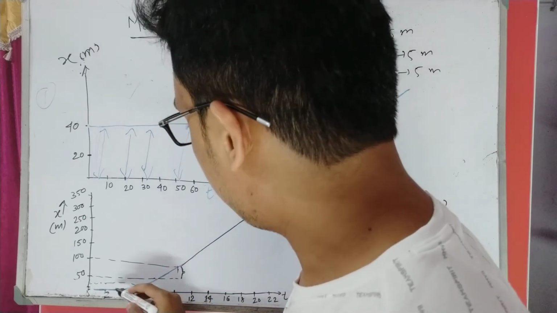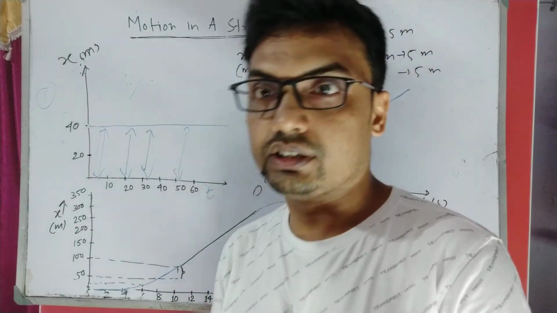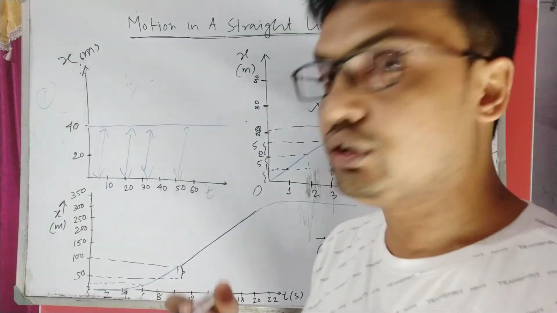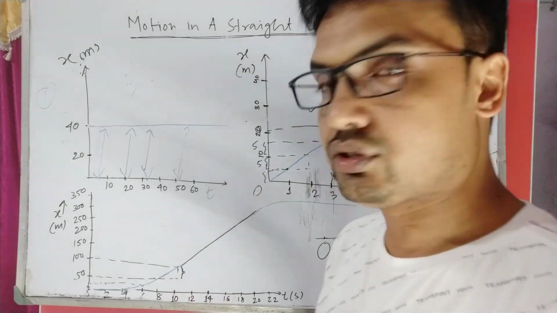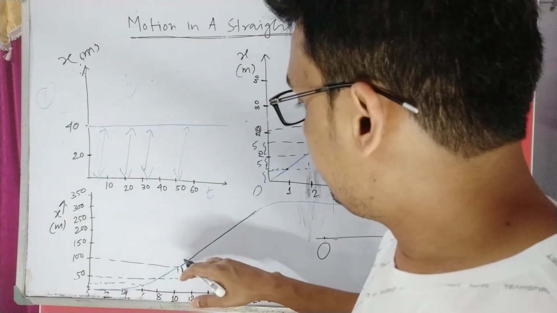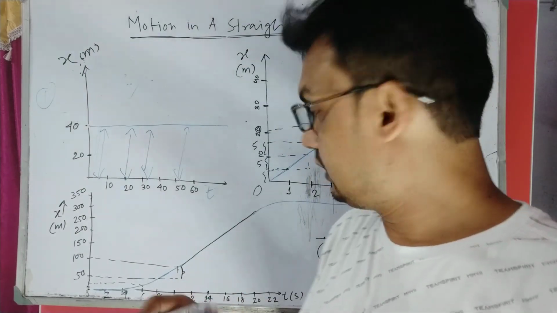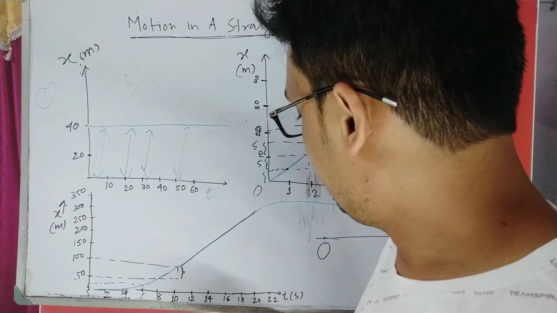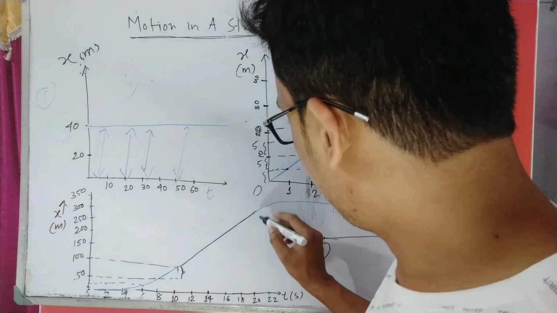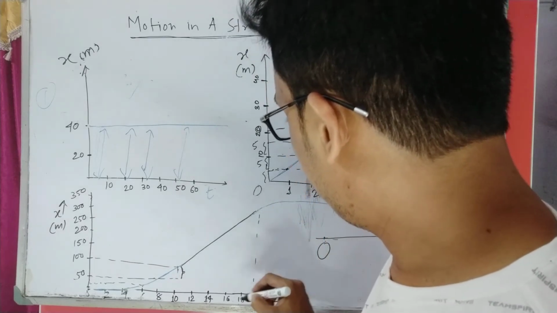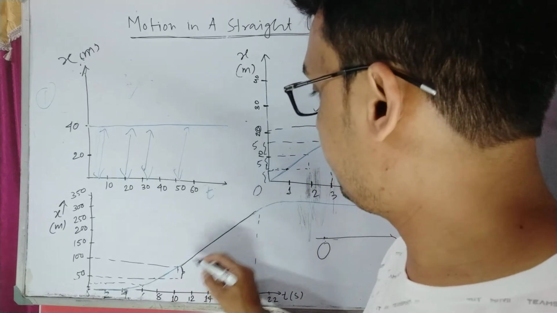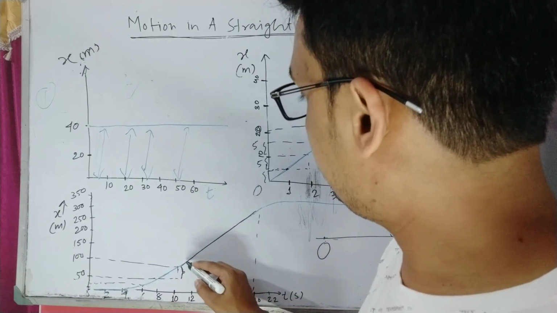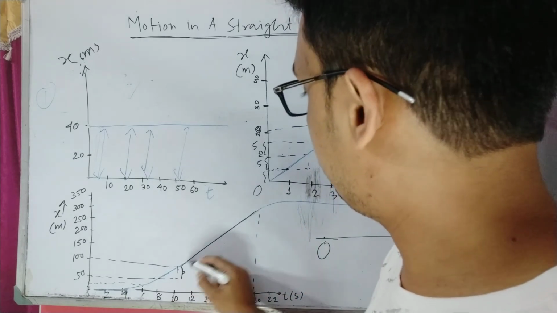So it has slowly increased its speed, or velocity, let us say velocity, and then it has maintained its velocity for a long period of time, from let us say 10 seconds to 20 seconds. It has maintained its constant velocity, because this is a straight line.